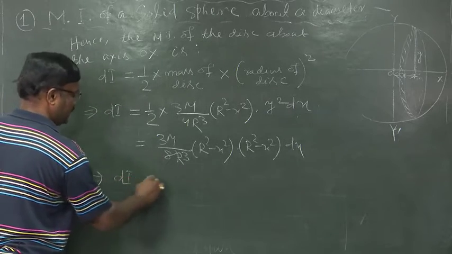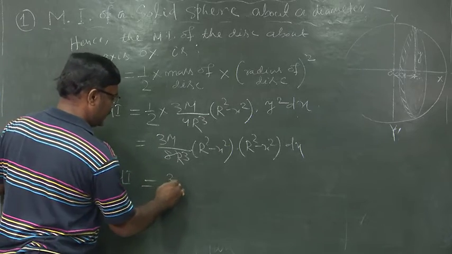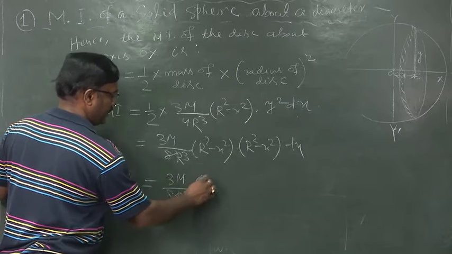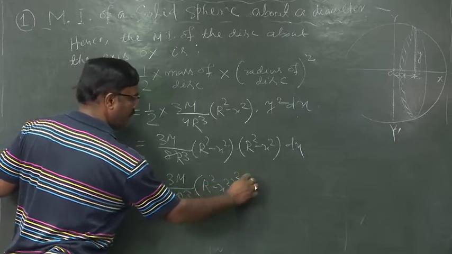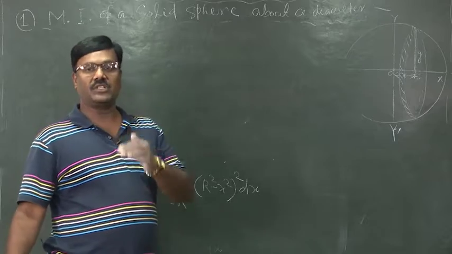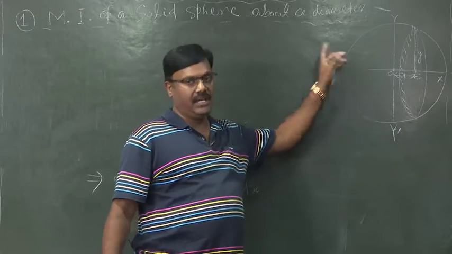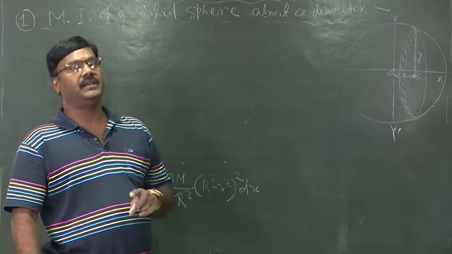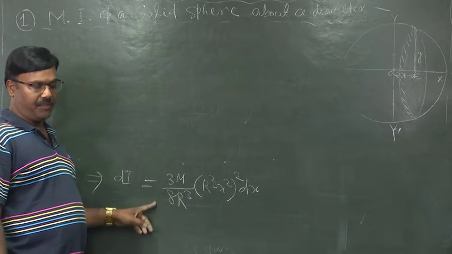Simplifying this, we can write dI is equal to 3m by 8 r cube into (r square minus x square) whole square dx. Thus, the total moment of inertia of this solid sphere about one of its diameters can be obtained by integrating this equation within the proper limits.